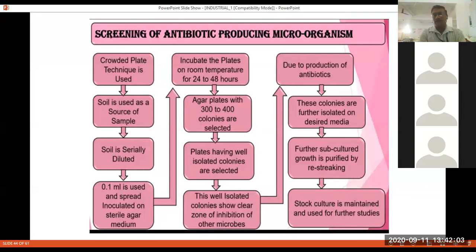Why am I saying this? All of you know the primary metabolites are produced in abundant amounts. What about the secondary metabolites? Those are produced in a very little amount, but in the market they have a big value.